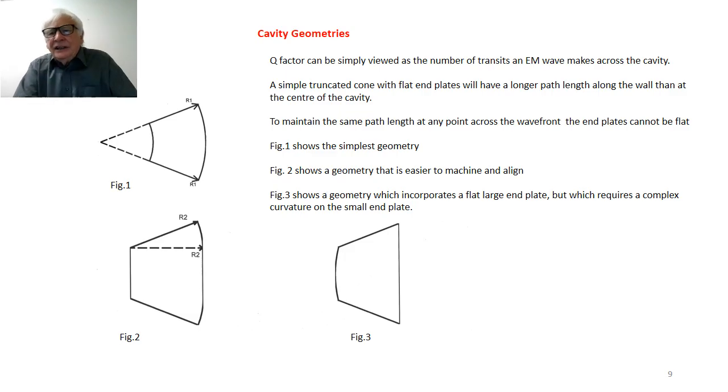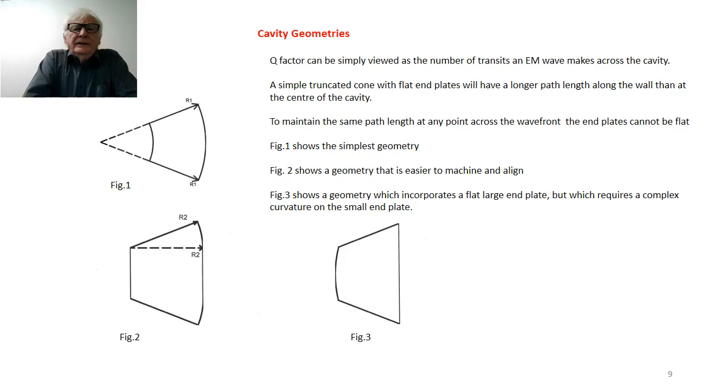The reality of any cavity is that the number of transits is far higher than this, but of course they have a continuous drop in energy level as the losses in the cavity walls take place.